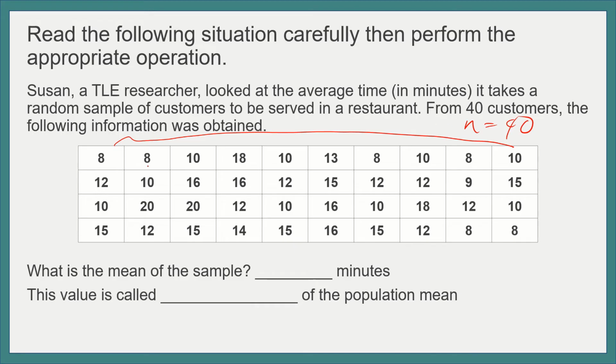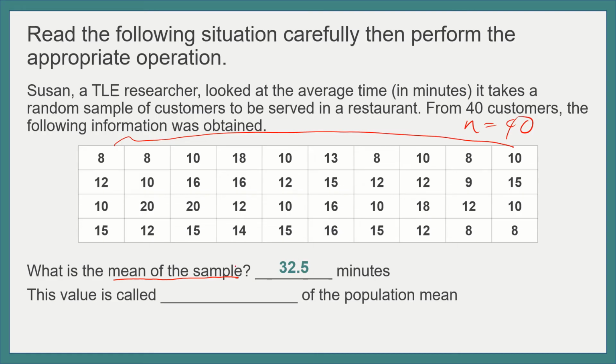From this gathered data, we can solve for the mean of this sample. If we solve for the mean, meaning the average of all of these values, the mean of the sample will be 32.5 minutes.